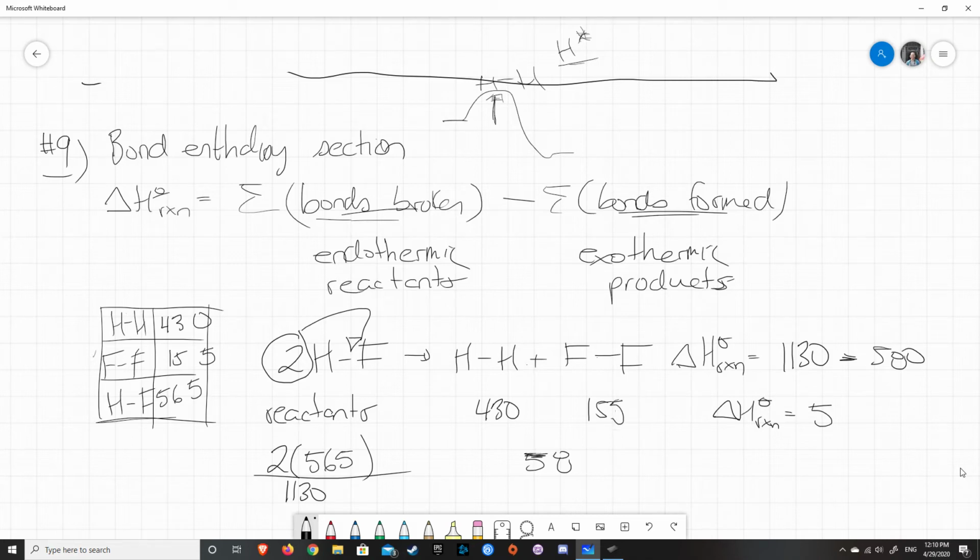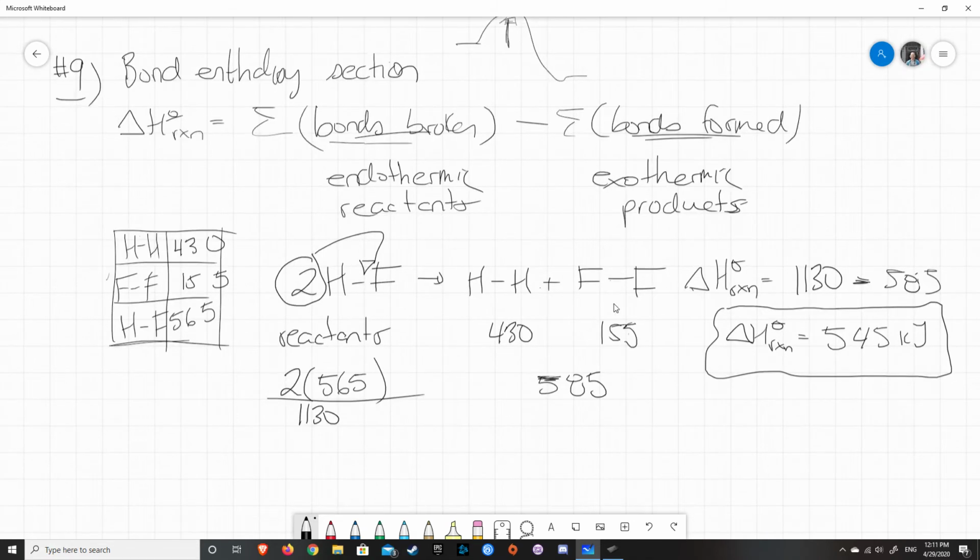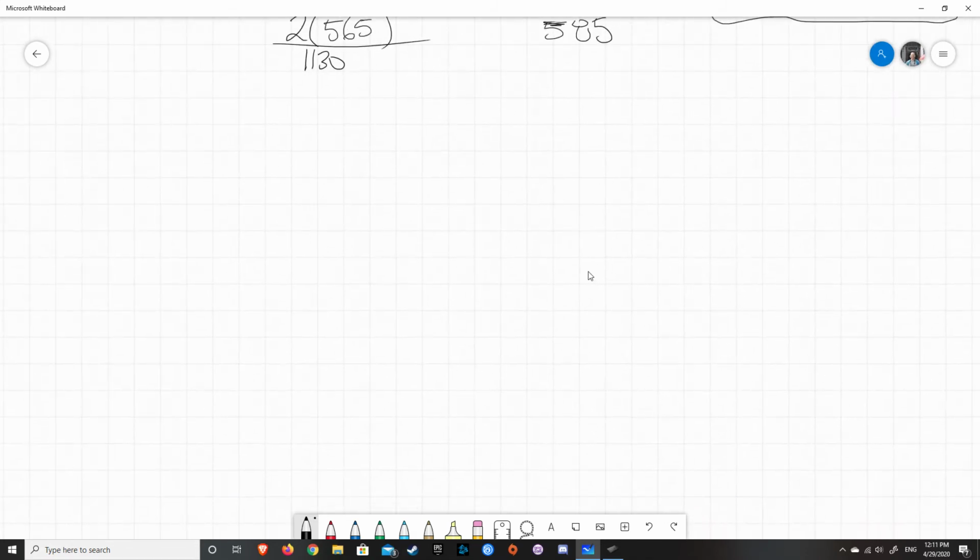This is 585. I did this calculation before, so 585, and we end up with a value of 545 kilojoules for the delta H of reaction. So okay, that's number 9, and let's go down to number 10.